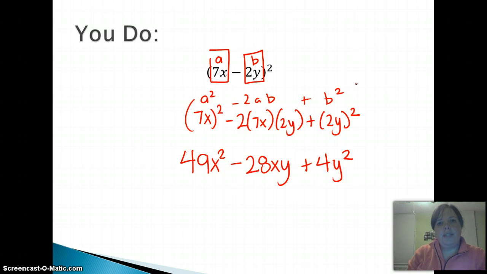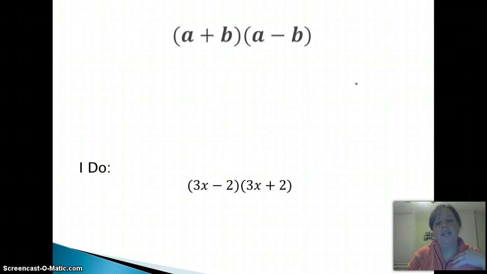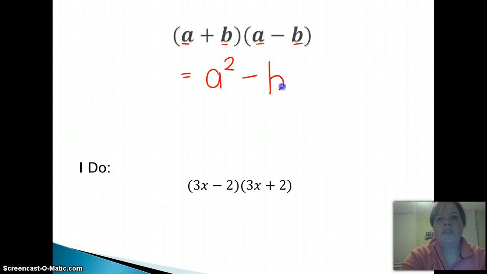The same sorts of patterns can help you when we're talking about this pattern. So same components in the parentheses again, a and b, but one is plus and one is minus. When you FOIL this all out, when you multiply it all out, you end up with this pattern because of the FOILing.